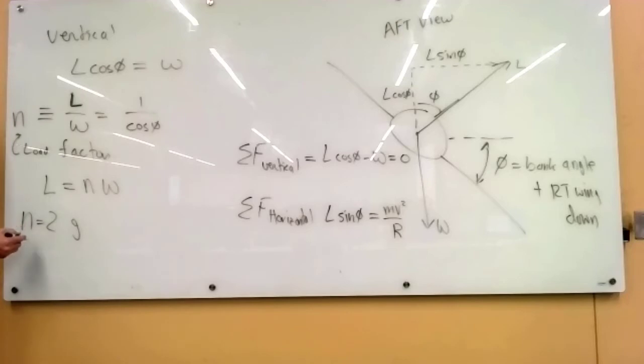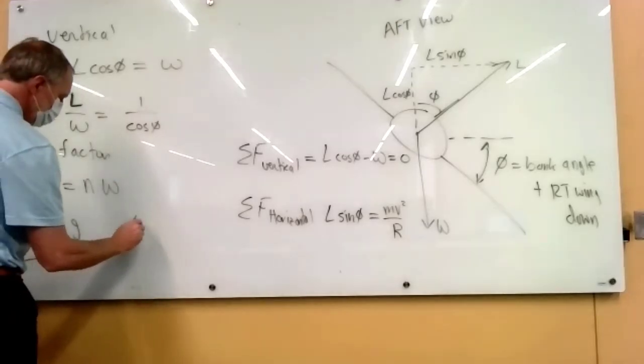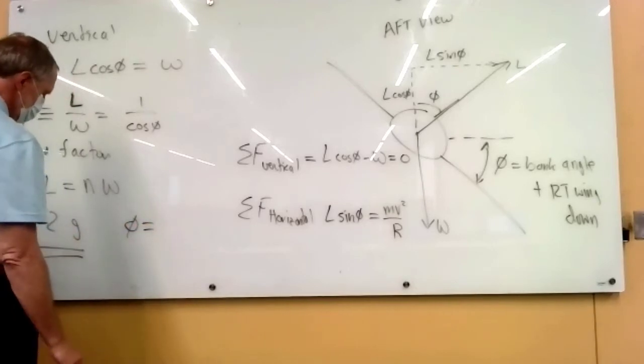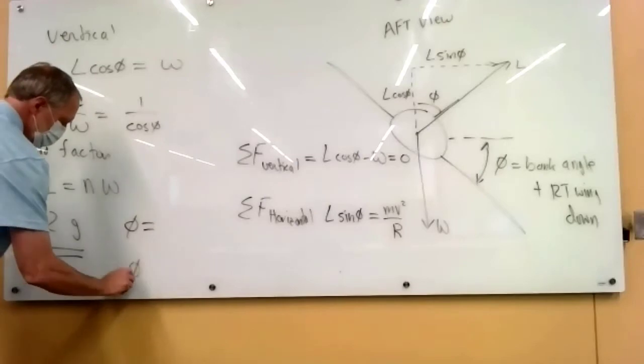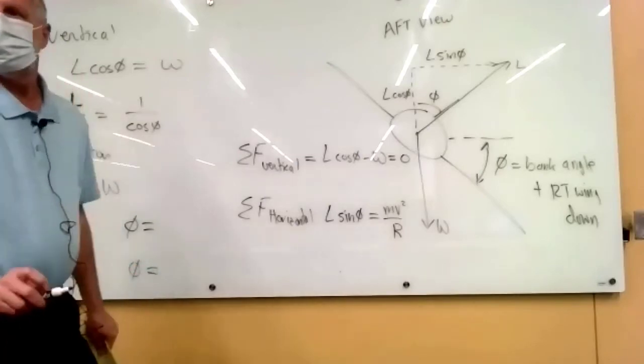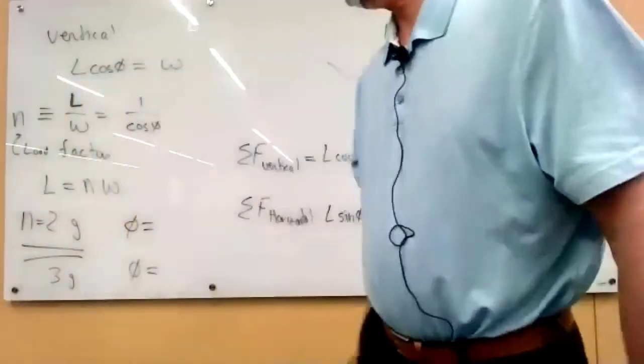So do this calculation. If we're doing 2 G's, what's our bank angle? What if we're doing 3 G's? What's our bank angle? You guys have calculators or a phone that can do that? Punch some of those out.